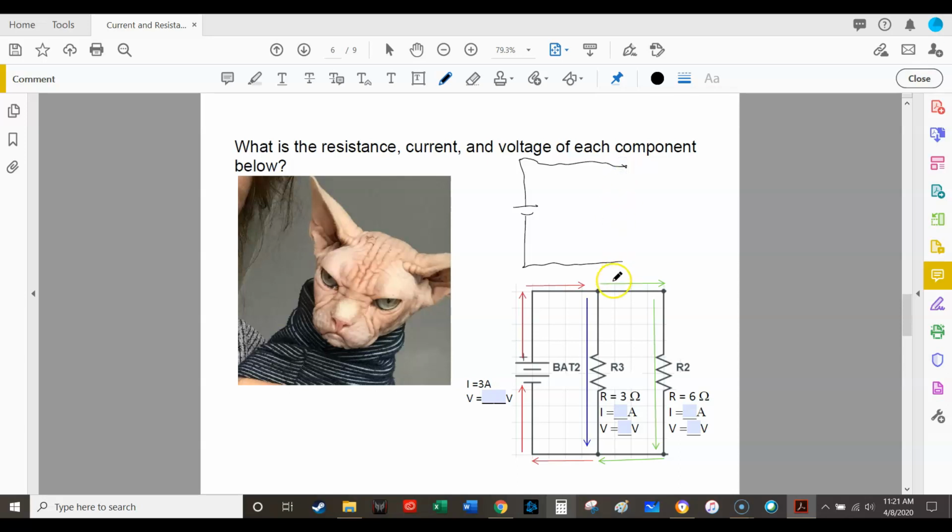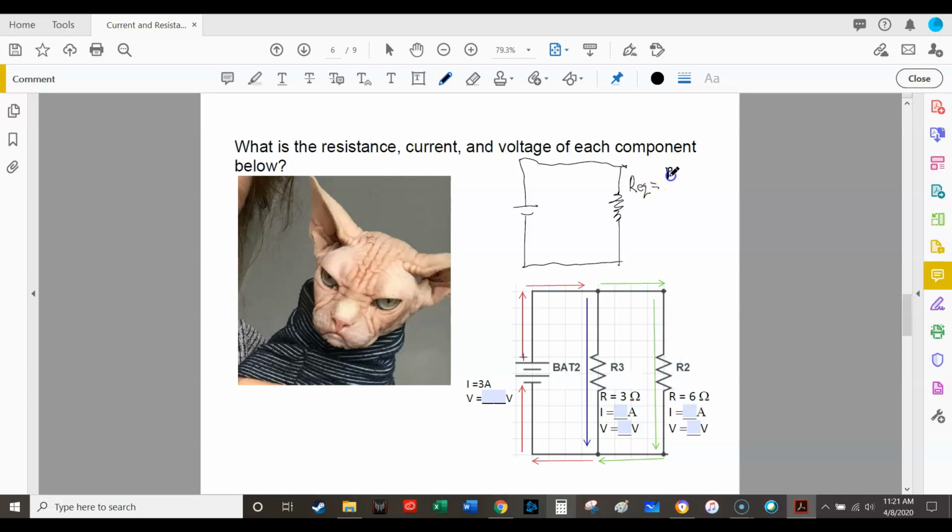I'm going to combine these two resistors into one resistor. And that's my horrible drawing of a resistor right there. This is the equivalent resistance of R2 and R3 in parallel with each other.